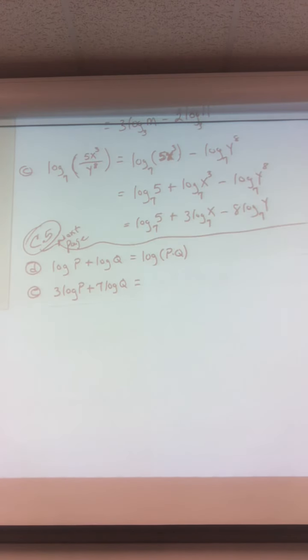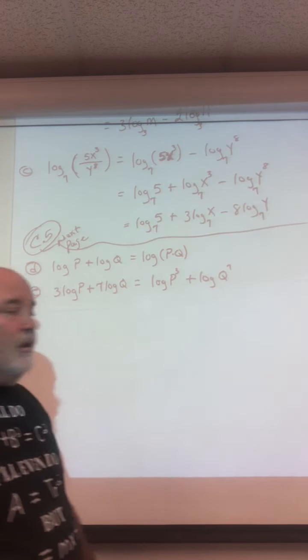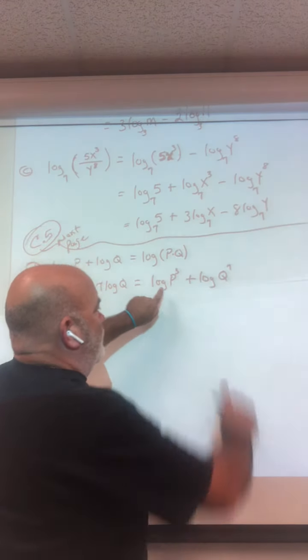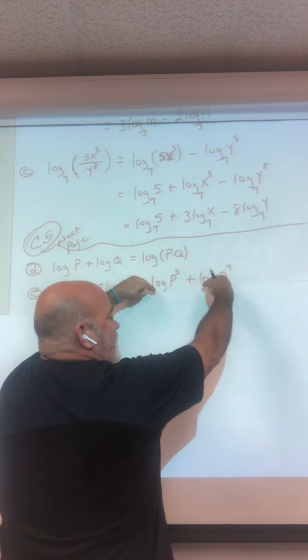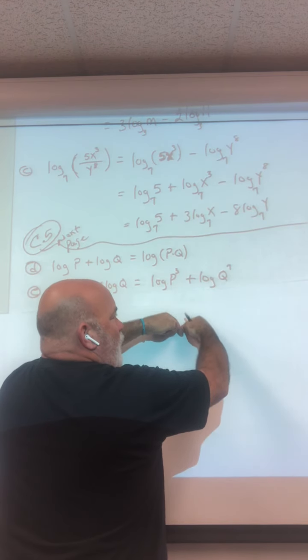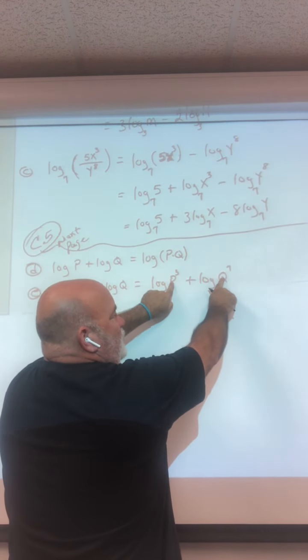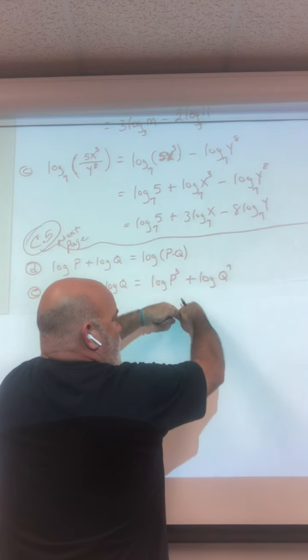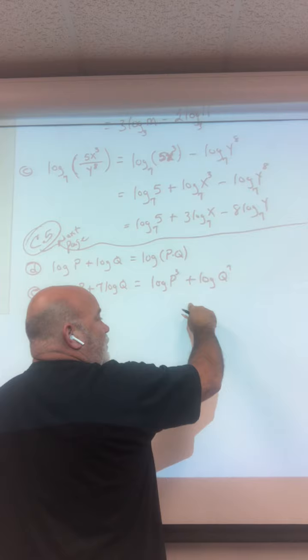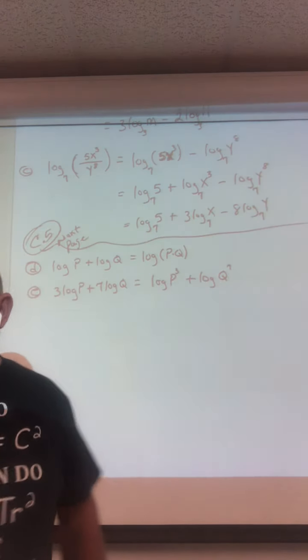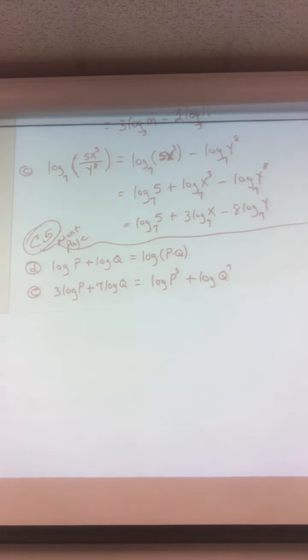The first thing I'll do is that. Now, you're adding two logs. When you're adding two logs and you put them together, what do you do to these two arguments? You multiply them. So when you put this together, it's going to be 1 log, log of P^3 Q^7. Log P^3 Q^7.